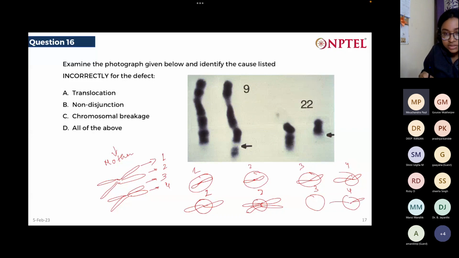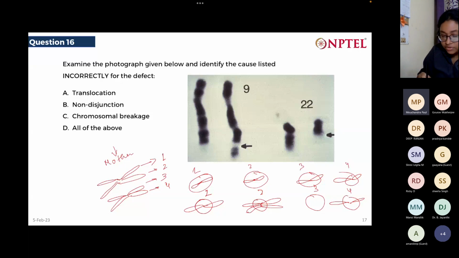So the third daughter cell is actually missing one entire whole chromosome, because it got sorted into daughter cell number 2. So this daughter cell number 3 is devoid of one whole chromosome. When this happens, the number of chromosomes changes.